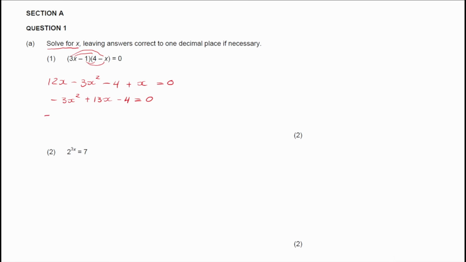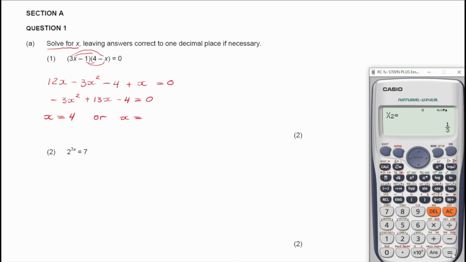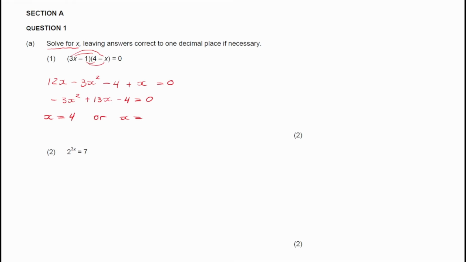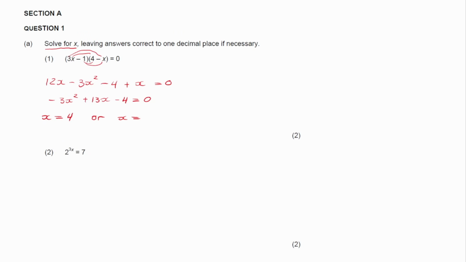So I can write here x is equal to 4, or x is equal to, I go back to my calculator, press equals again, and I'll get my second option, x is equal to 1 over 3. So those are our two options.